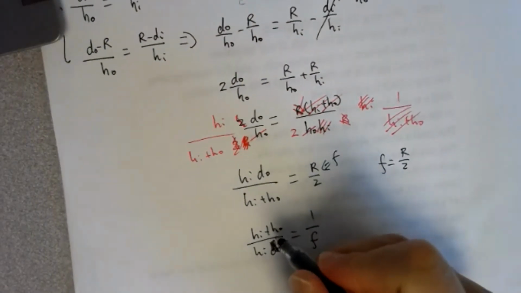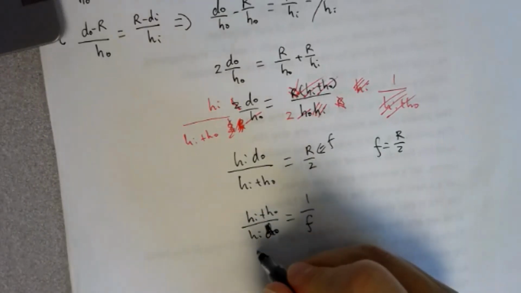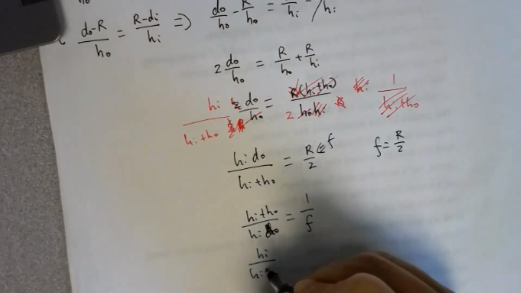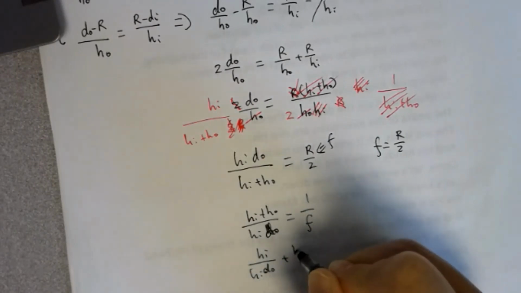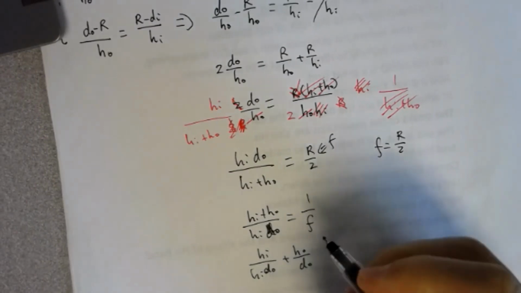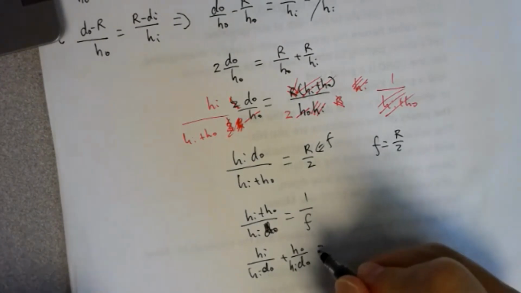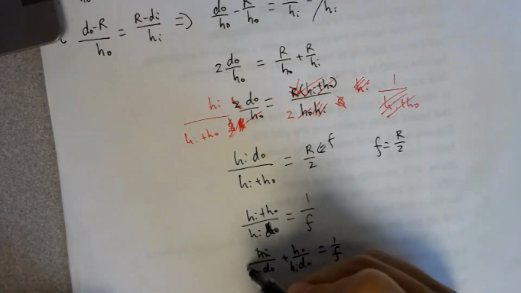All right, so now here, we can separate these two, right? So you can have HI over HI times DO plus HO over DO and then HI, okay, equals 1 over F, okay? So HI cancel.